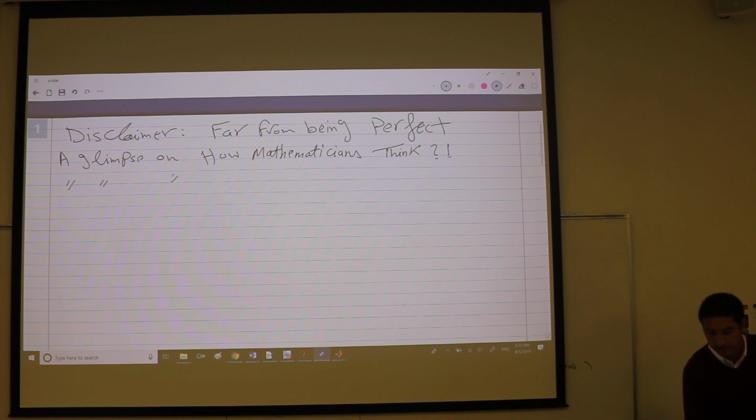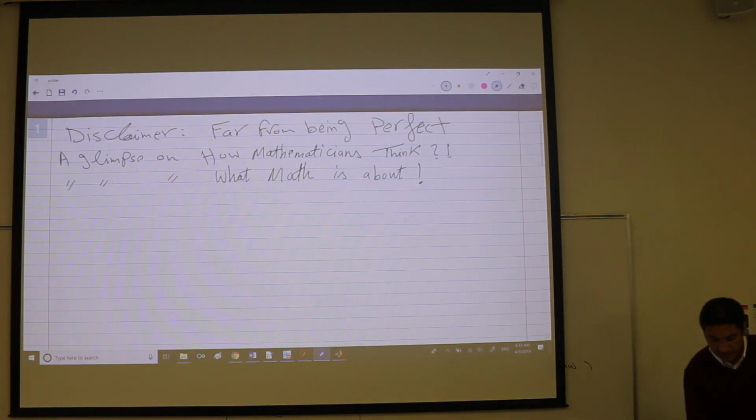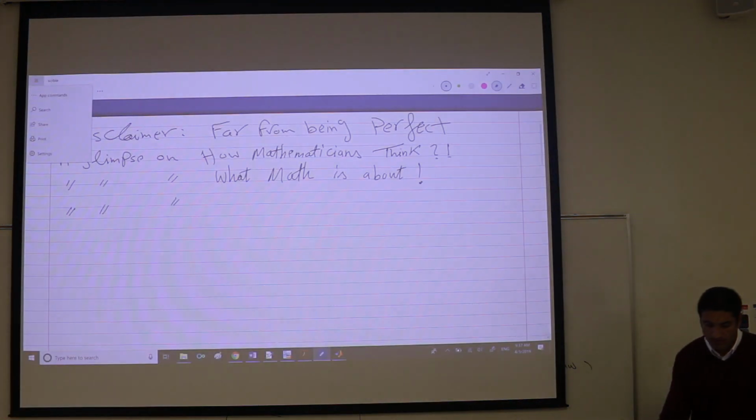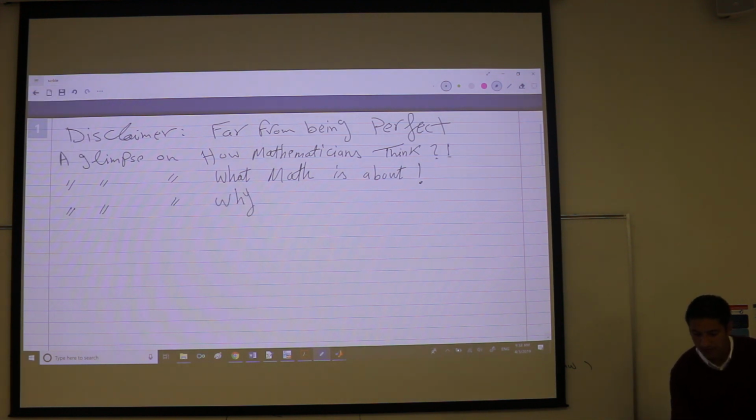A glimpse on what math is about. A glimpse on why, or actually how, math abstraction is useful.